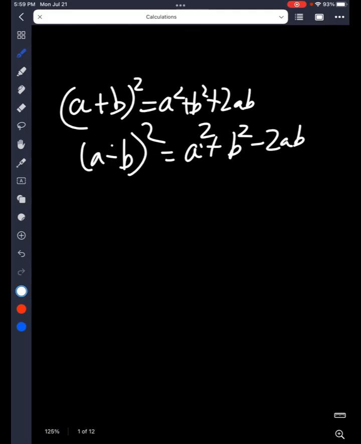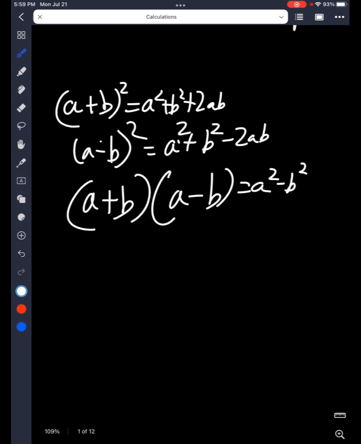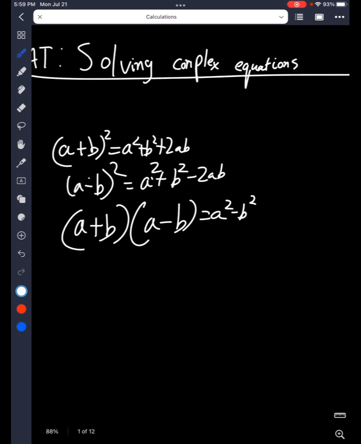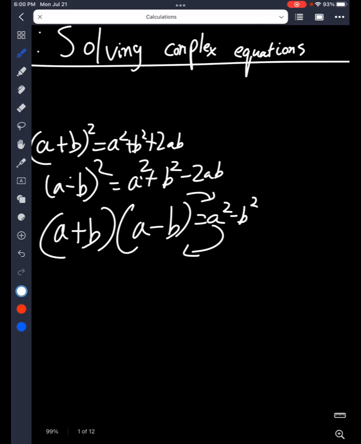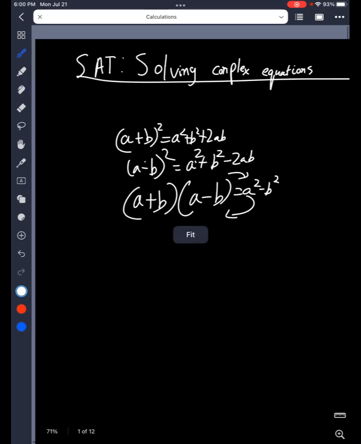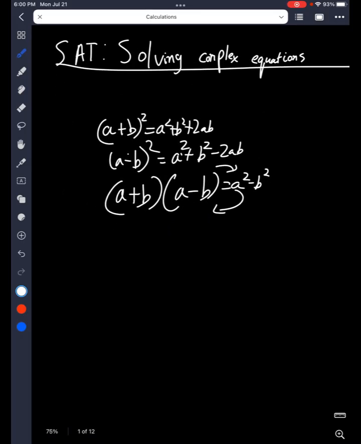Another useful thing is a plus b times a minus b, which is equal to a squared minus b squared. If you keep all of these in mind, and also the reverse works as well, you could use any of these to simplify any expressions or expand anything.